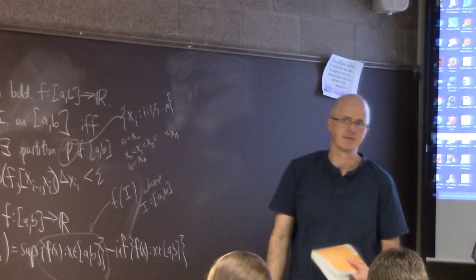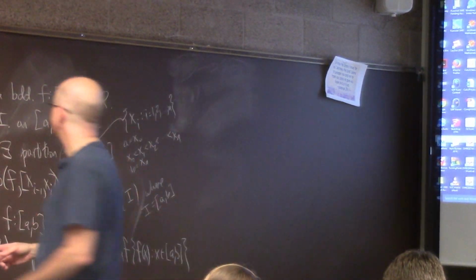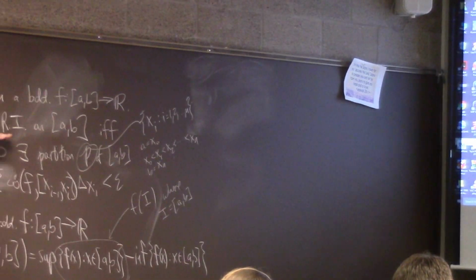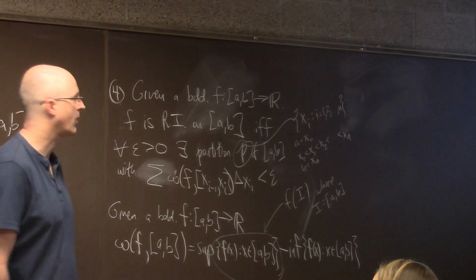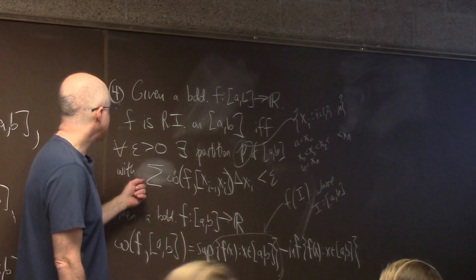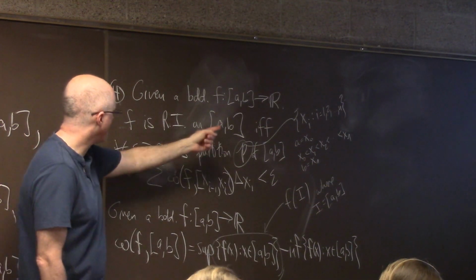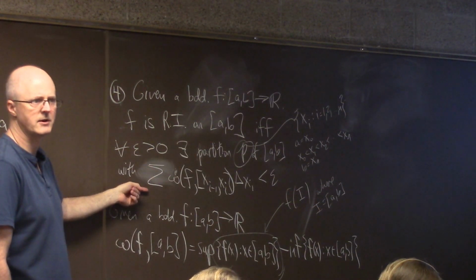That's in the background. The Riemann integrability is according to our definition of Riemann integrability, back in section 5.1. Essentially, by the fact that this is an if and only if, this is an equivalent condition for Riemann integrability.